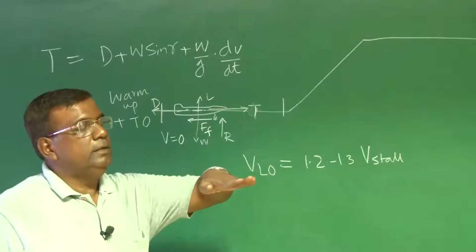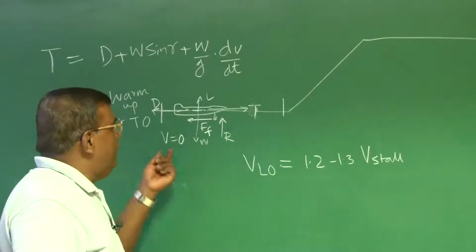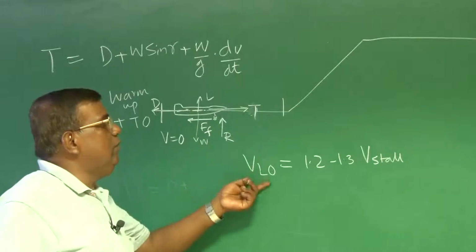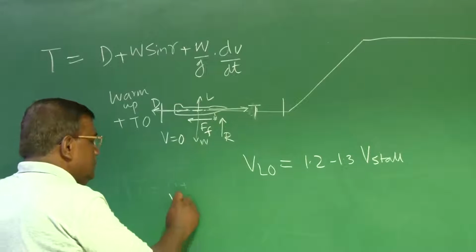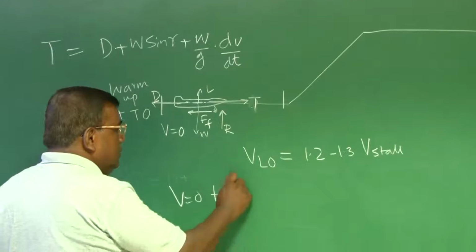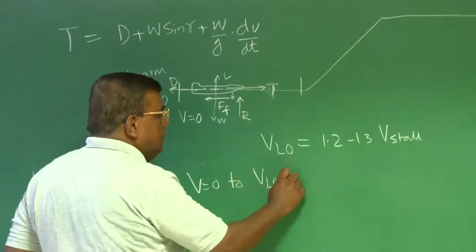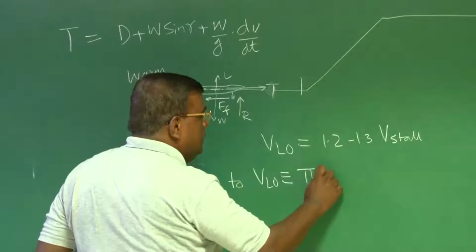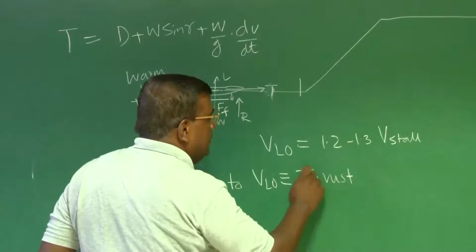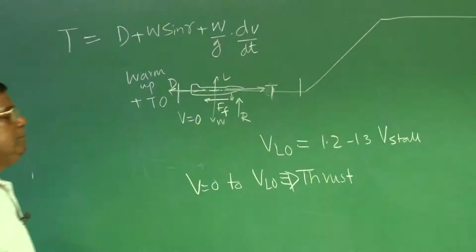It goes like this, takes off. That means from V equal to 0 to V equal to liftoff, this responsibility comes from thrust primarily. This is thrust's job. So it has to accelerate the airplane from V equal to 0 to a speed V equal to liftoff.